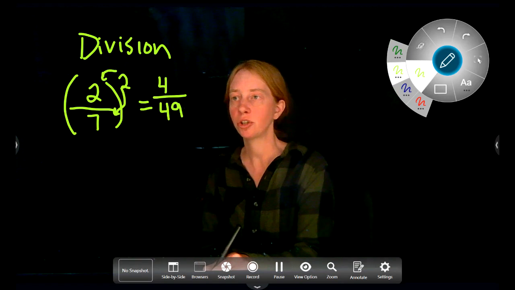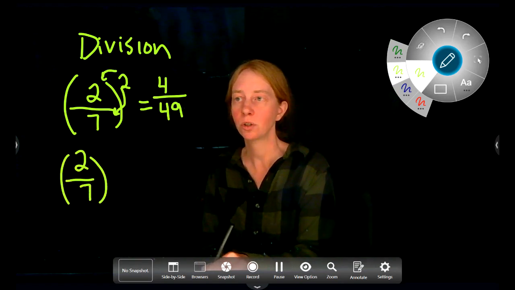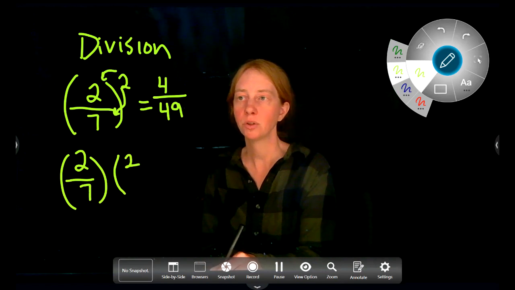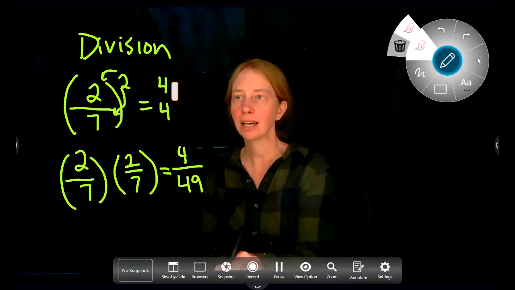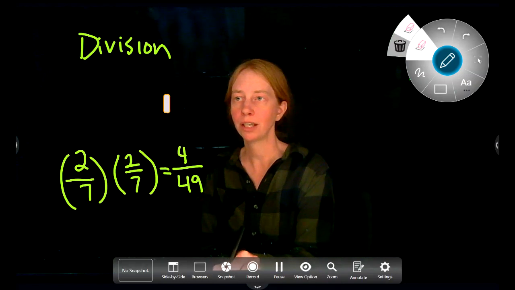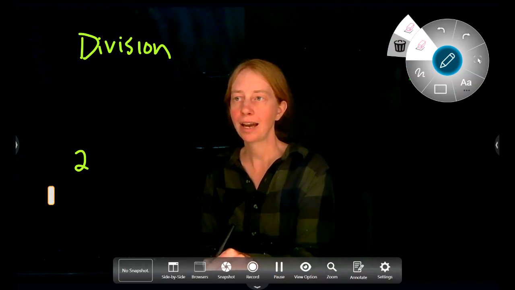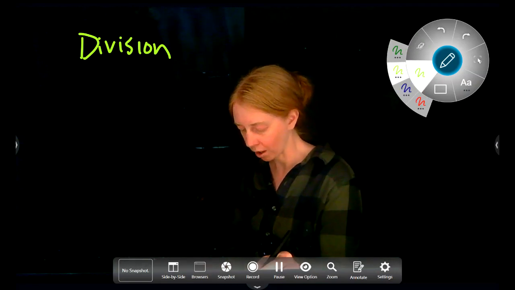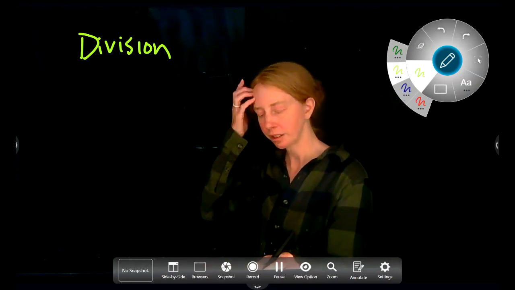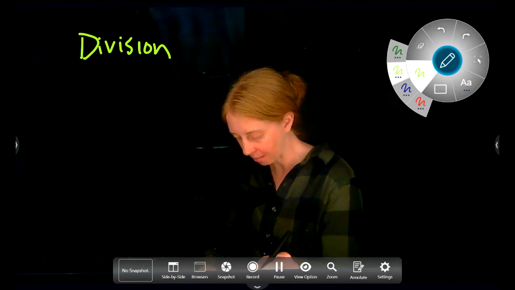The reason that you're doing that is it looks like this if we were to expand. So 2/7 times 2/7, right? 2 times 2 is 4. 7 times 7 is 49. Okay, so that's kind of the general idea of what we're doing. And I want us to apply that to a monomial that has more letters and numbers.